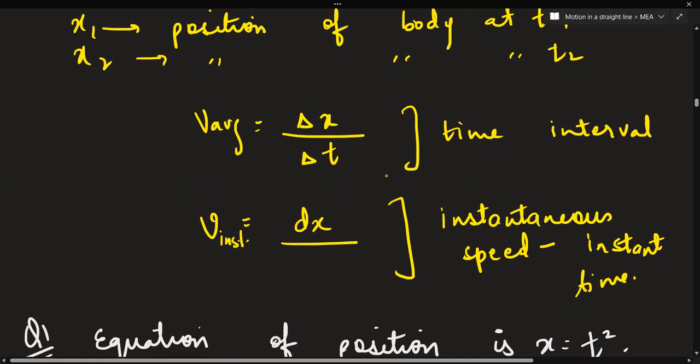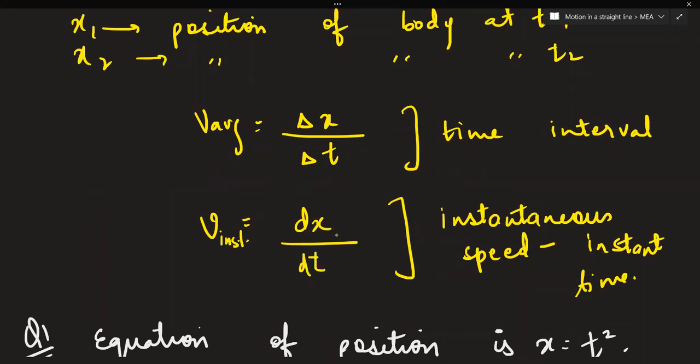This is just the difference that you have to remember. Average velocity is displacement covered by time taken, the time interval. Average speed is distance covered by time taken. But in case of instantaneous velocity, here I'll differentiate this.